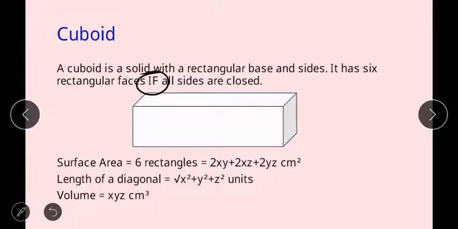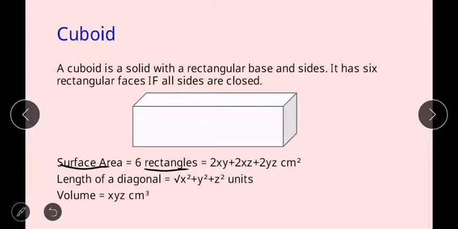That is an entirely different cuboidal shape, and it requires different understanding. So let's say we have a cuboid whose all sides are closed. The surface area of cuboid is given as 6 rectangles, and that is what?